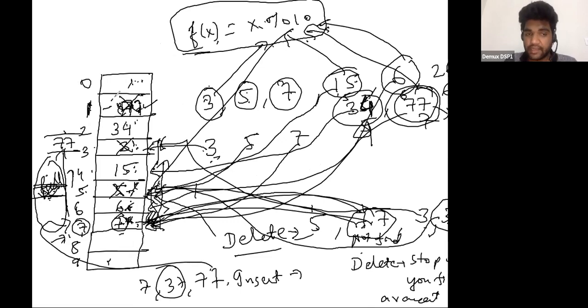So if you keep -2 as a marker to signify that this element was there, but it has been deleted, and you are keeping -1 to say that there hasn't been any activity on this cell till now. You have not inserted or deleted or done anything on this cell. So then you can keep going on till you either find an element or you find -2. And as soon as you find a -1, you can stop the search.